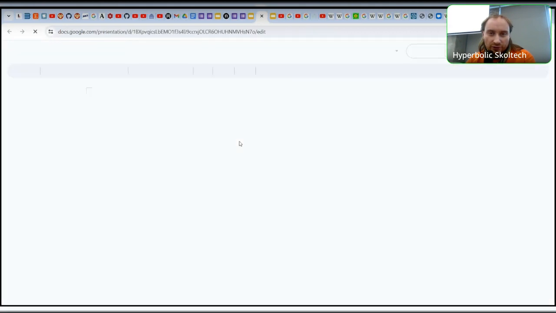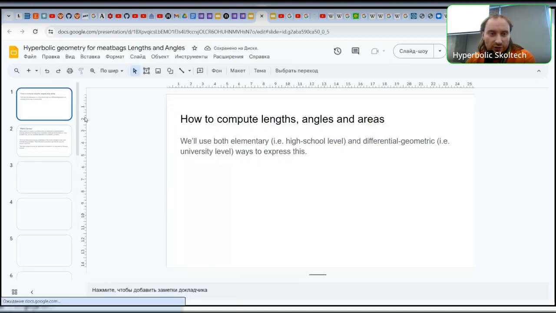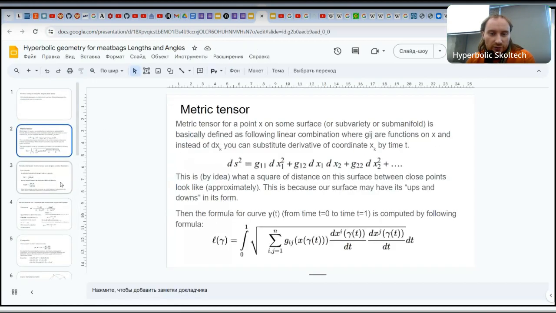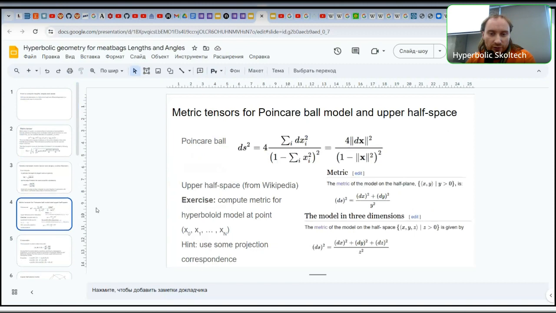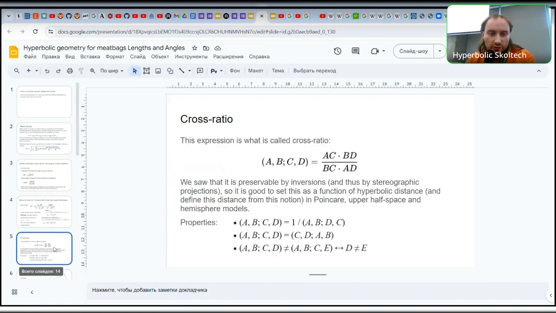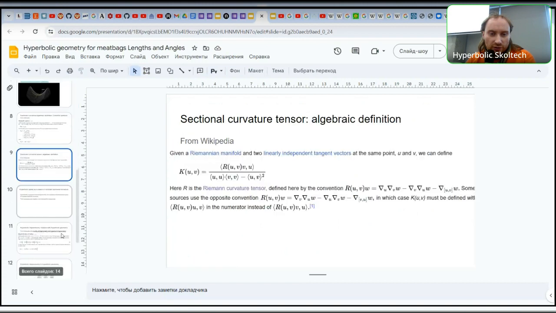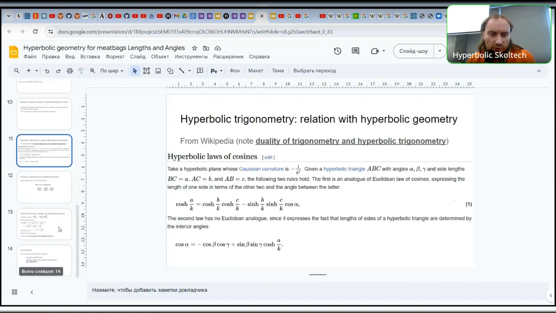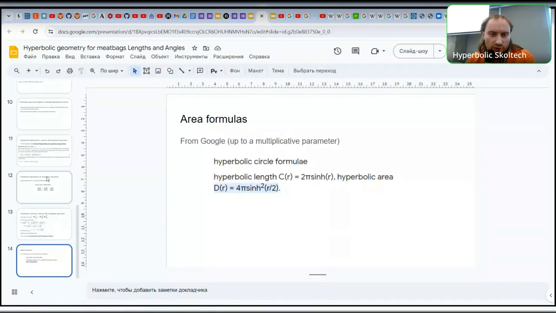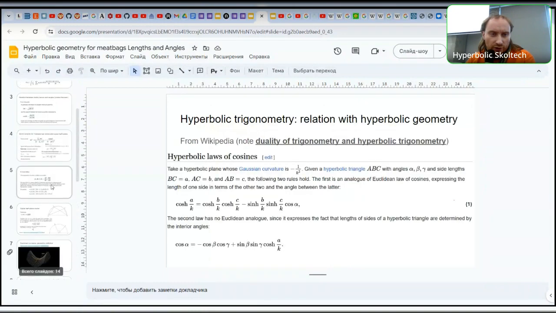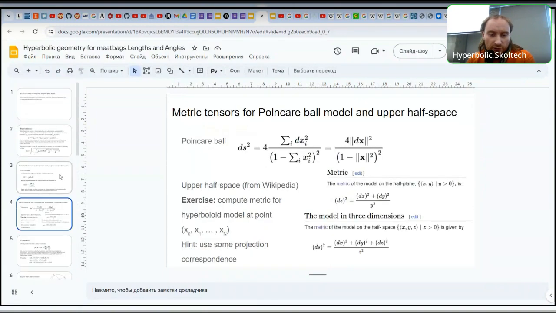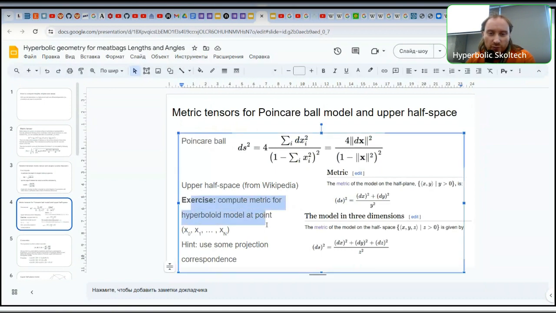It was about the metric tensor: compute the metric for the hyperboloid at a point given by this.